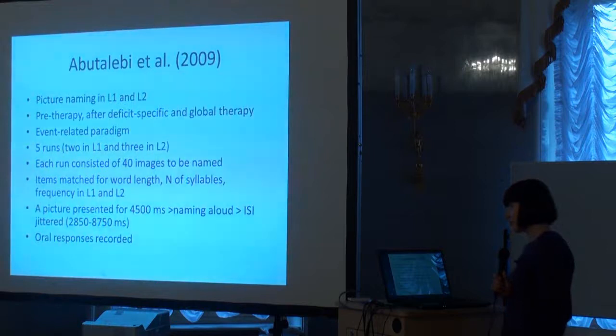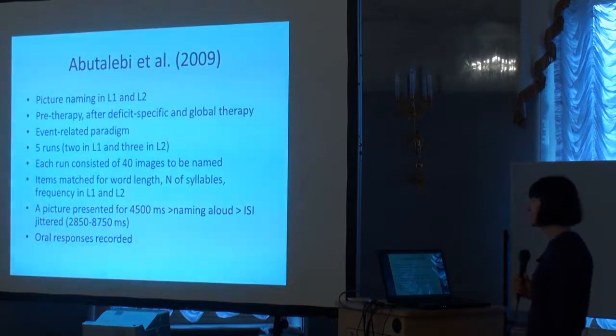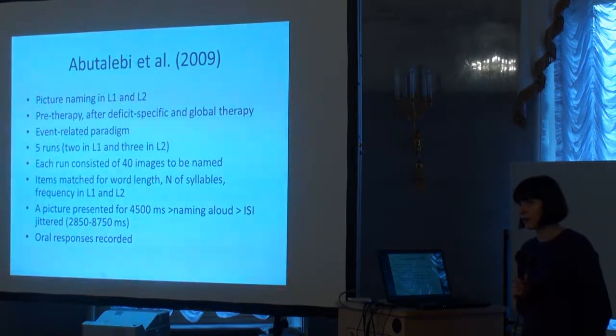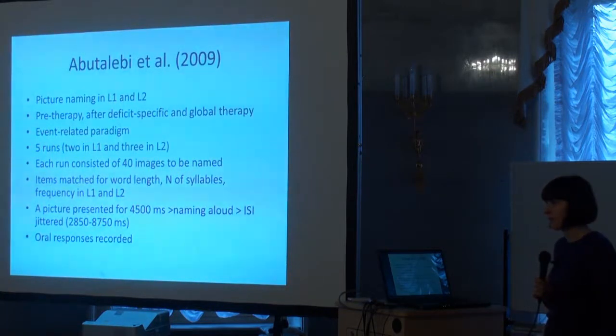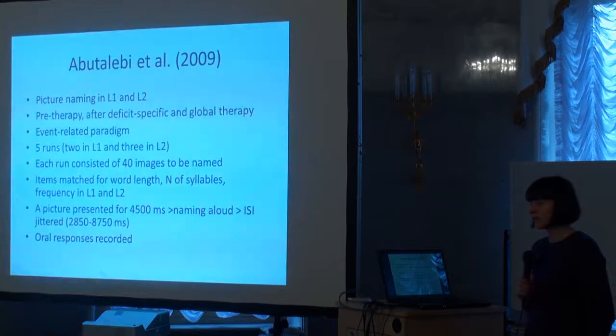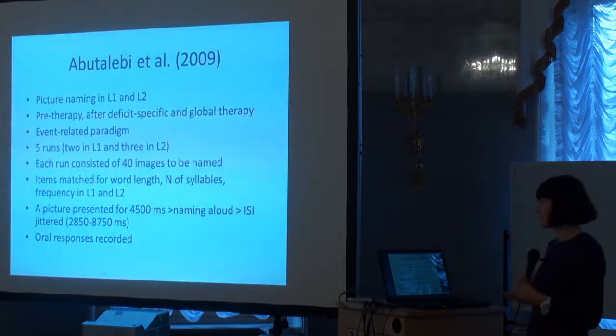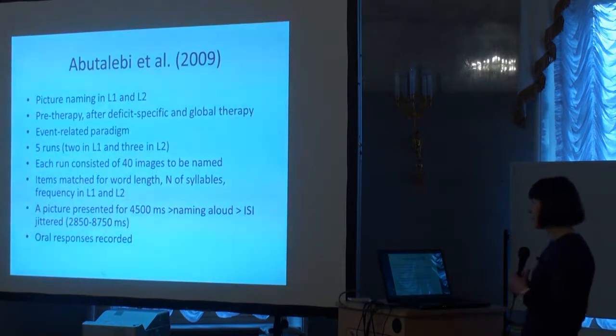They scanned him before therapy and after deficit-specific therapy. The patient had severe anomia, but phonemic cues helped him, and this therapy focused on giving him phonemic cues and training word retrieval in this way.